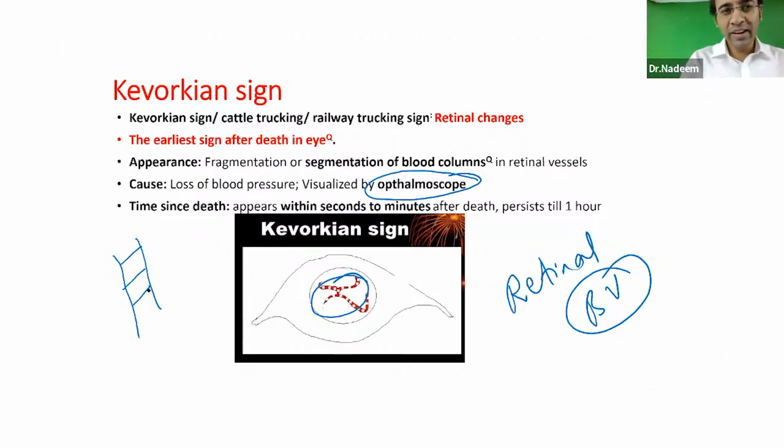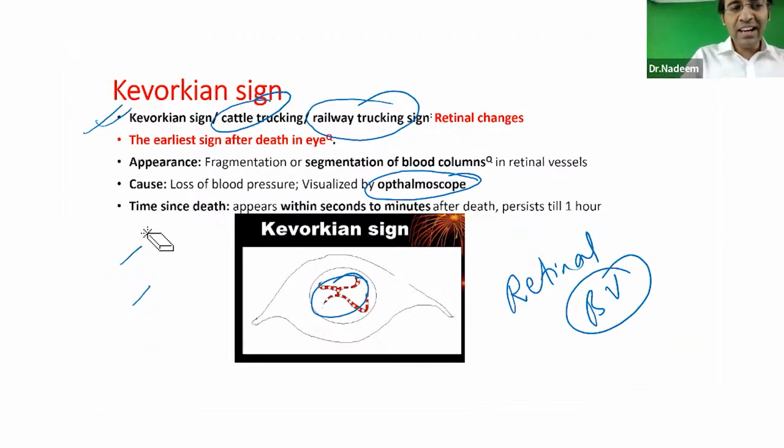Something like a railway sign, cattle tracking sign. And this is actually the earliest sign in eye after death. This is called as Kevorkian sign, segmentation of blood column. This will occur within seconds to minutes, and it is going to persist maximum for 1 hour. So this is the earliest sign. Please remember all these parts.